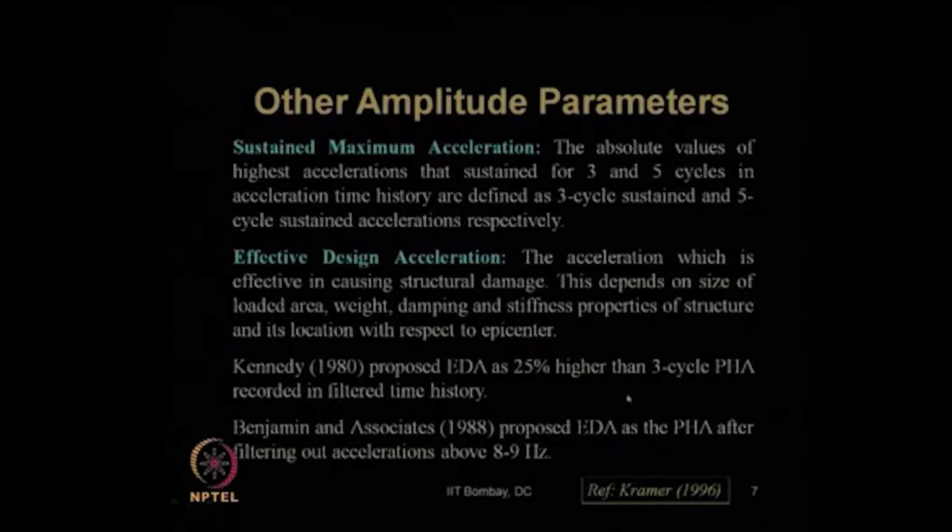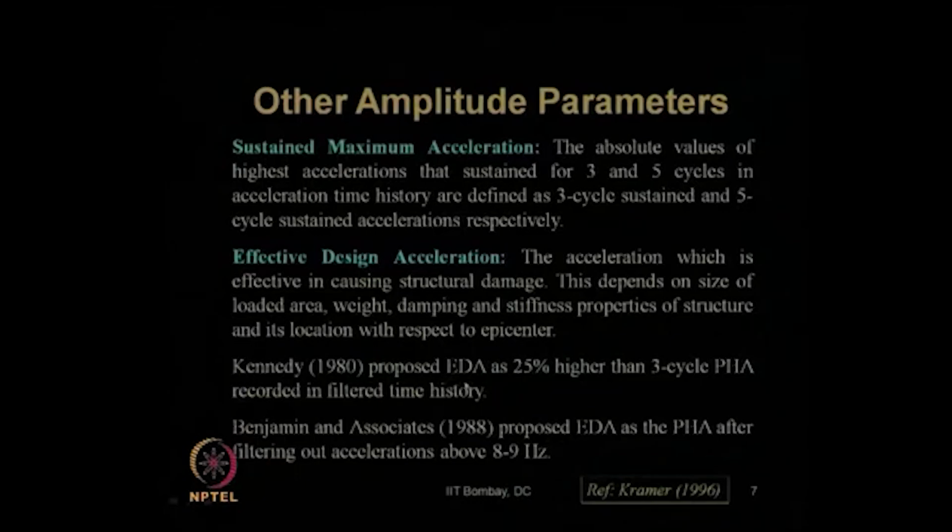So, in that time history, whatever is the value of that 3 cycle sustained maximum acceleration, if you multiply that value with 1.25, that will give you the design value of effective acceleration. So, that is the value of EDA which needs to be used for design.